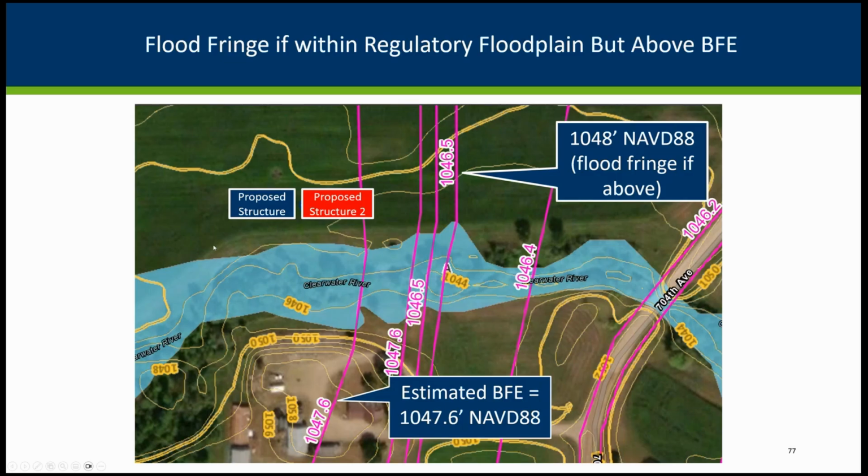We know that we've got above 1048 up here. We know that there's no positive flow moving this direction. If this area were in fact to fill up to the elevation of this structure, this area kind of behind this line connecting the 1048 contour would be considered backwater. So we could say that, yes, this is definitely flood fringe.